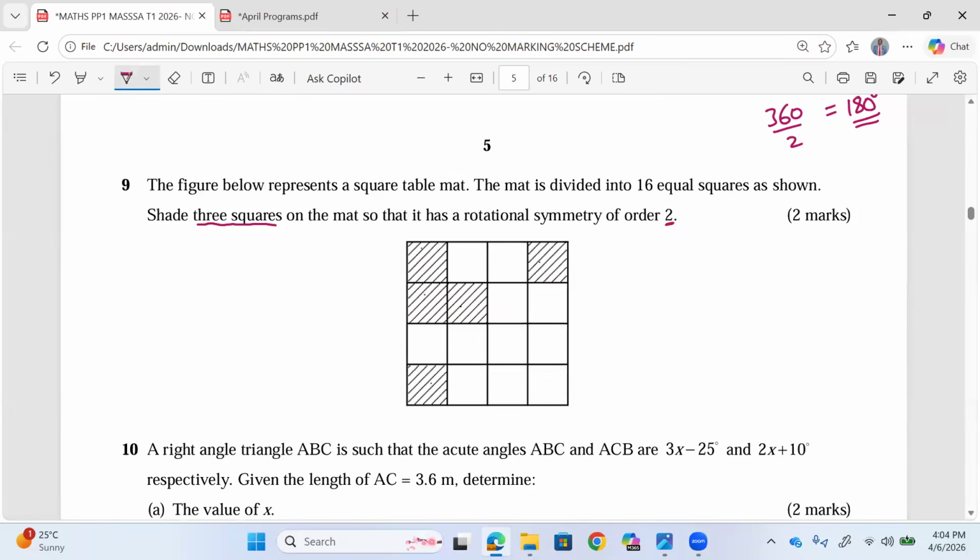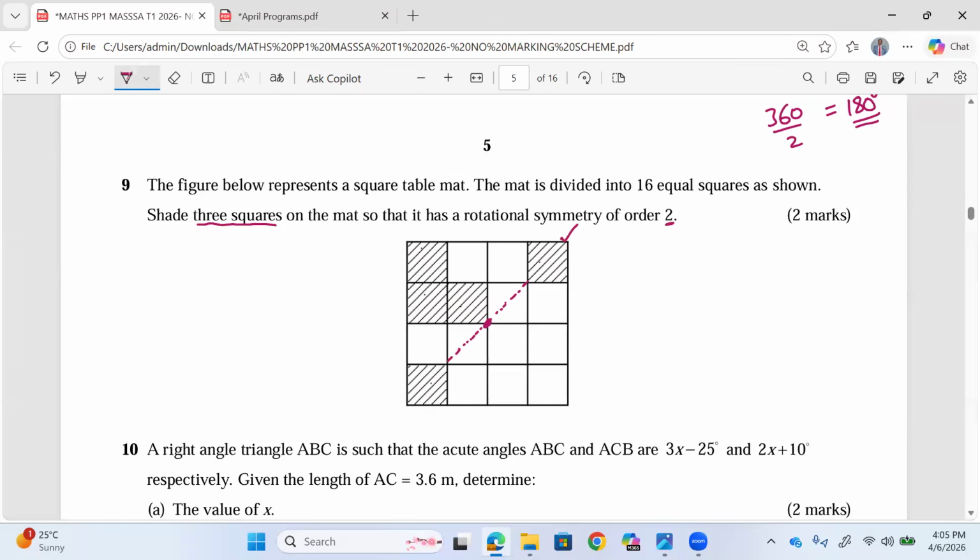So if we consider this one to be the exact center, and we are only supposed to shade 3 squares, let's consider the squares that have already been shaded. So we have to join this one to the center, then it has already been rotated to the other side. So this one is done.